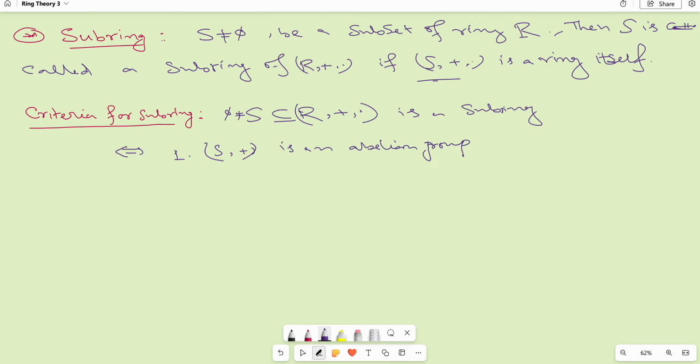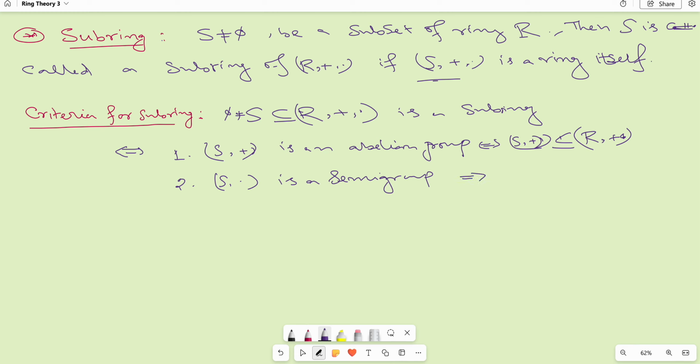What does it mean? It is equivalent to saying that S plus is a subgroup of R plus. And second, S dot is a semigroup.